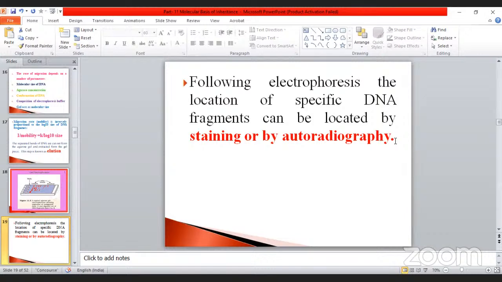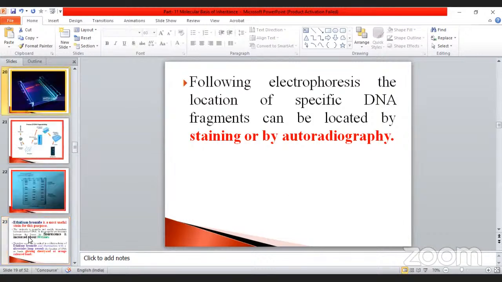How will you identify its particular location? With the help of a staining process or autoradiography. If you want to identify them, you should stain the fragments, then only they can be visible. A particular staining process is also done by one method, autoradiography. So this is important.